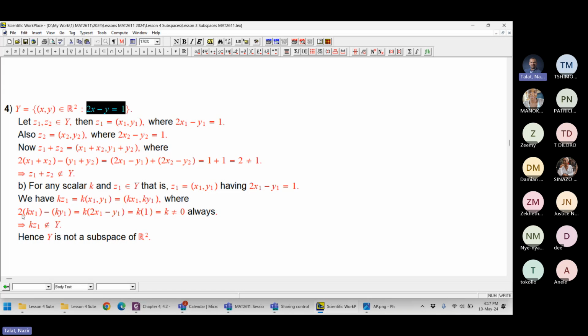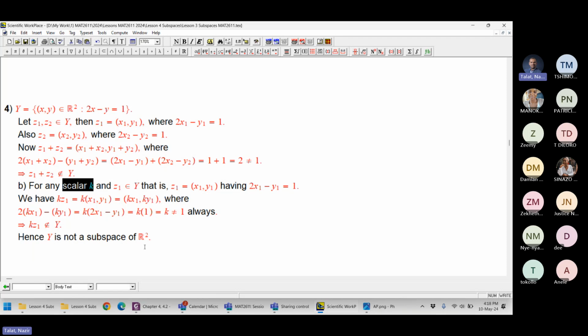If we compute 2 times kx1 minus ky1, and take k common, then inside it becomes 1, and 1 times k is equal to k, and that is not equal to 1, because k is not always equal to 1. Only if 2 times x1 minus y1 is equal to 1 would it satisfy this condition, but here k is arbitrary, and it would have to satisfy this condition for all values of k.